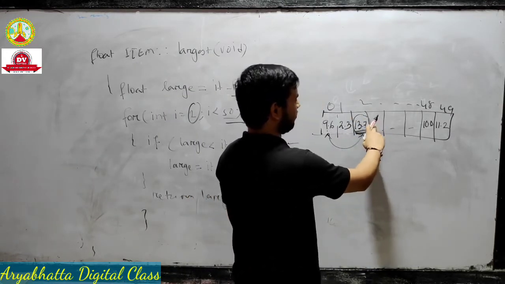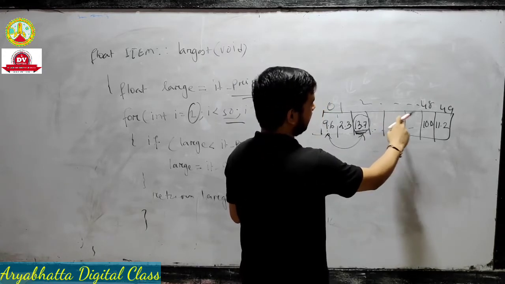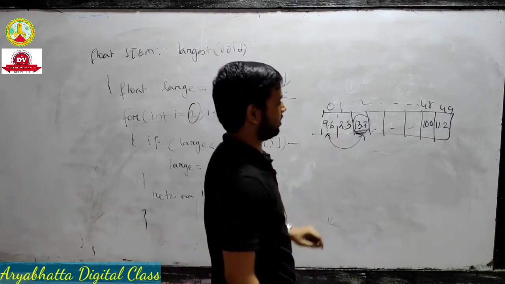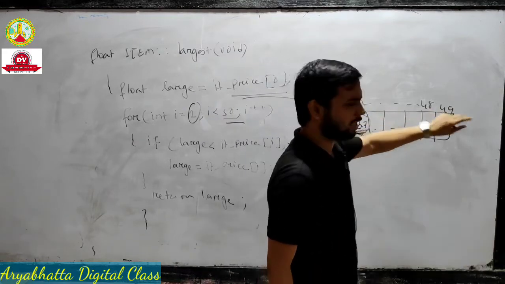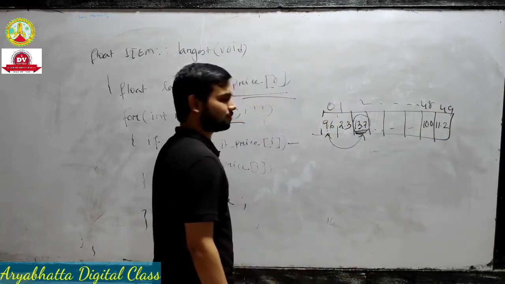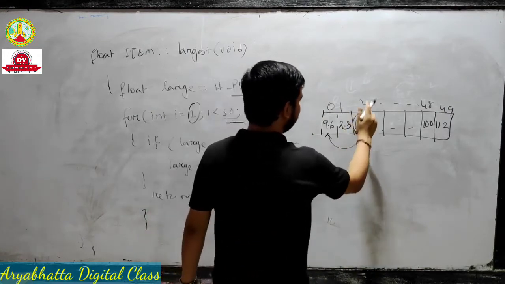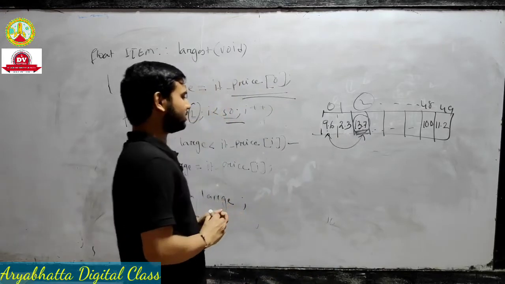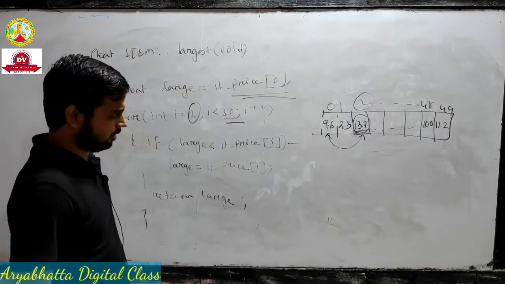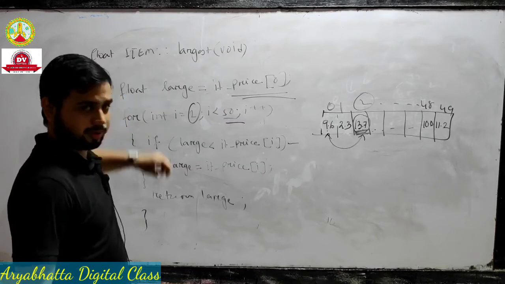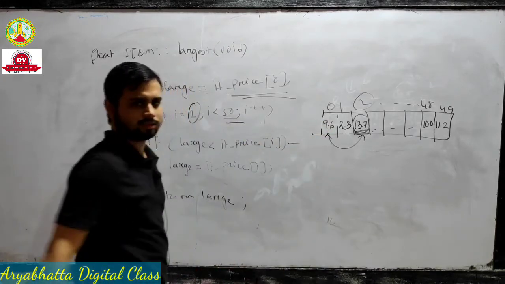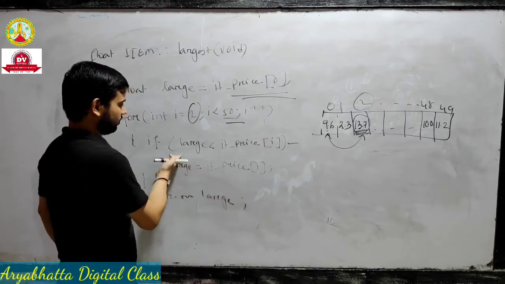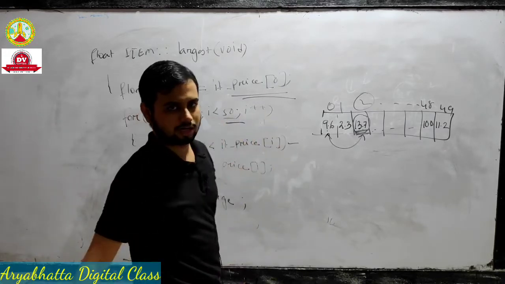Suppose here 11.2, here 11.6, here 8.9, something like that, all less than 13.7. Ultimately you have to compare with all the other values, and you can see that this index 2 price is the maximum. The main thing is, first of all you have to assume the first value will be large, and after that you compare this condition with the other prices.